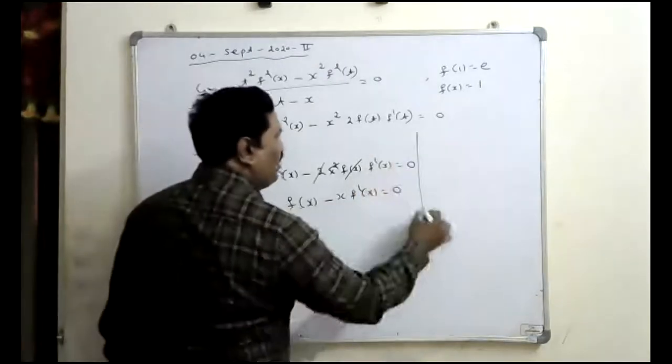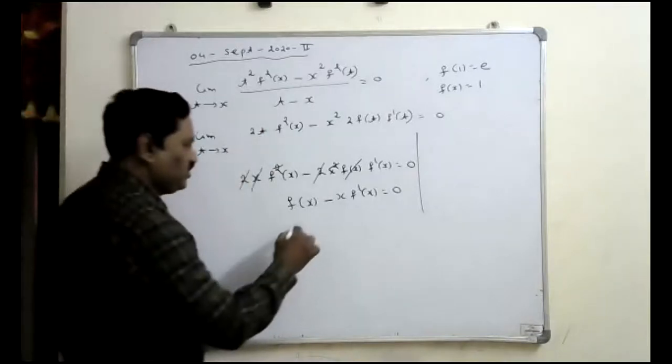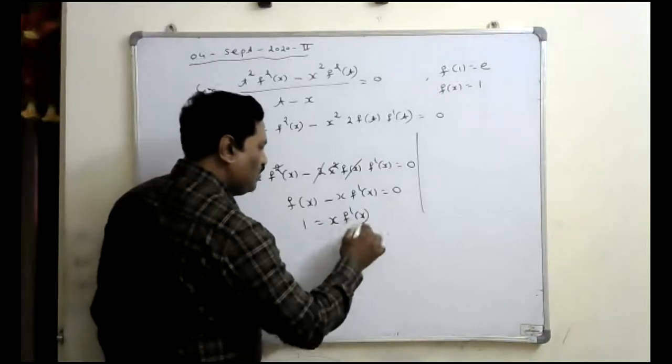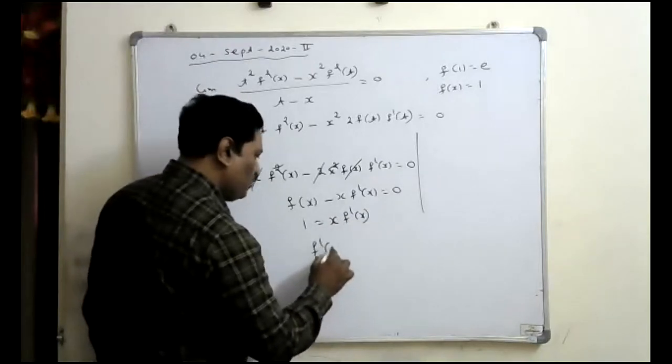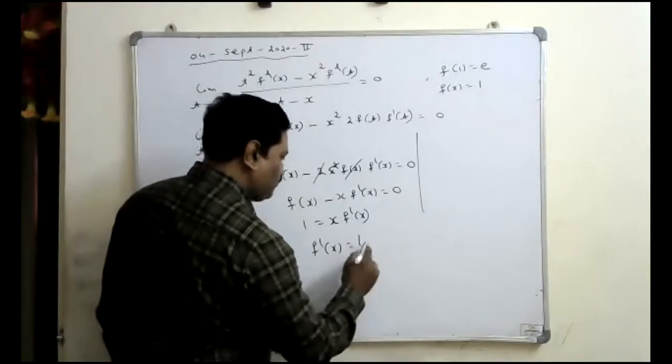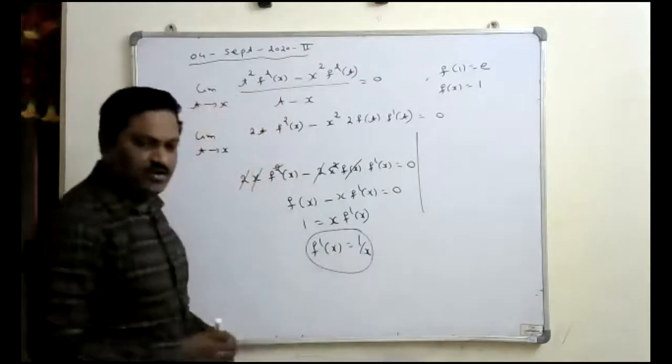Because they have given that the f of x value is 1, this 1 is equal to x into f dash x. Therefore f dash x is equal to 1 by x. Means indirectly they have given f dash x equal to 1 by x.